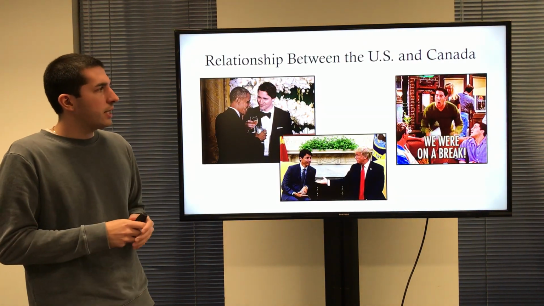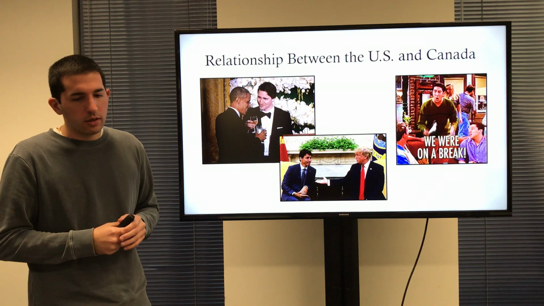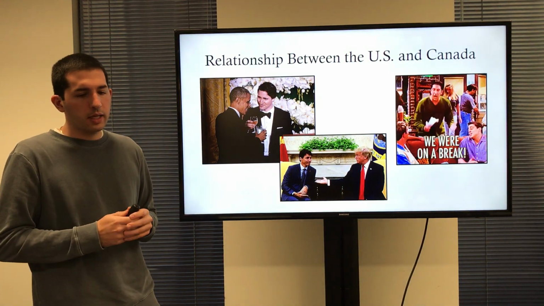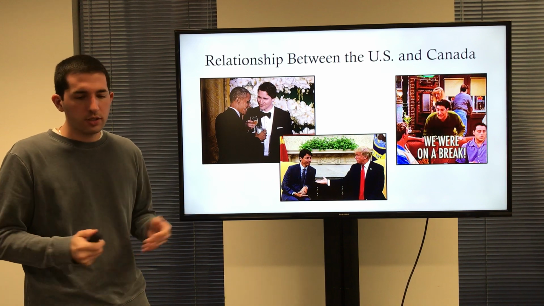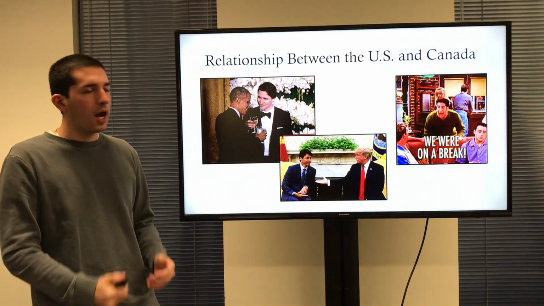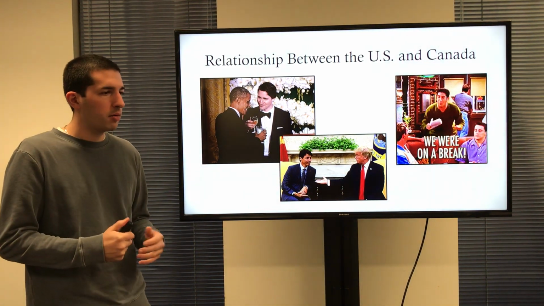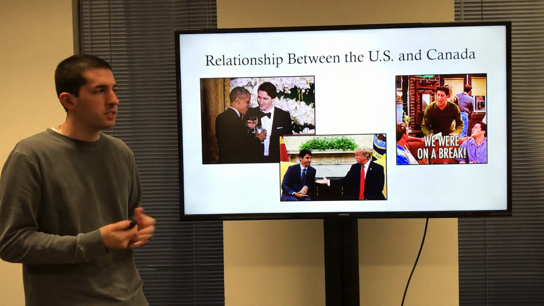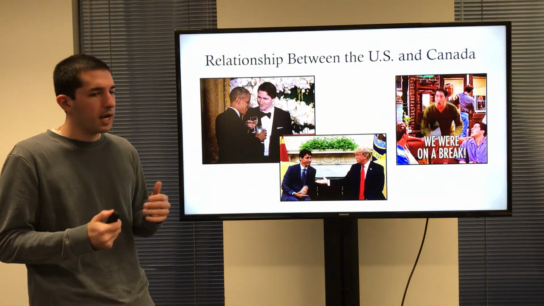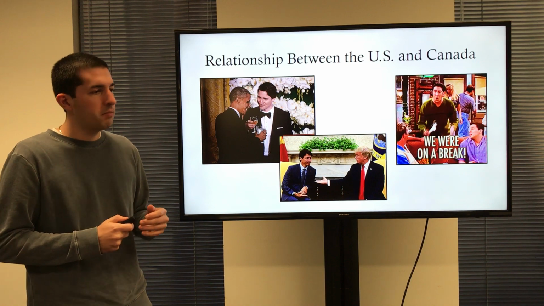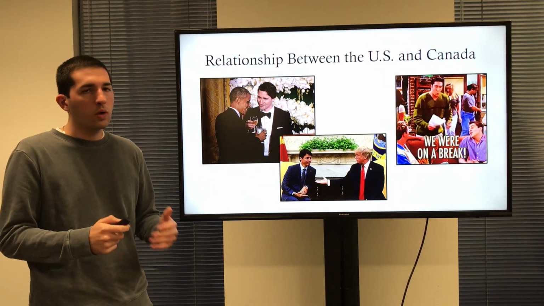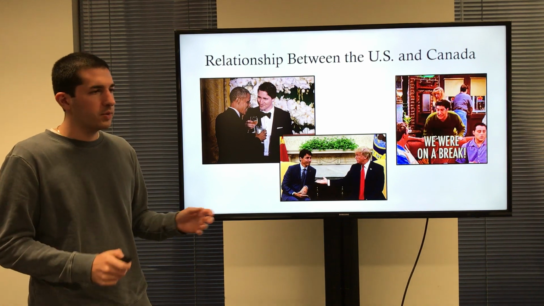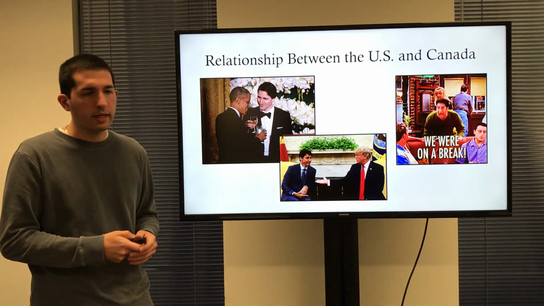The relationship between the United States and Canada is complicated because we do share very similar features in terms of our economics, our political structures, our people's history and culture. But at the same time, there just isn't that same pursuit around the world for wars and globalization and development that you would see in the United States.